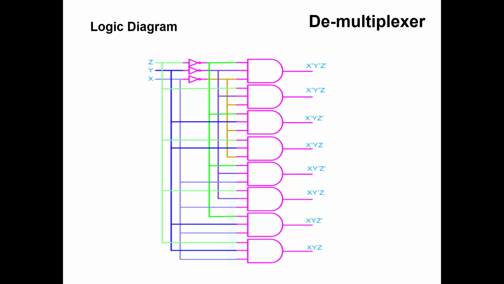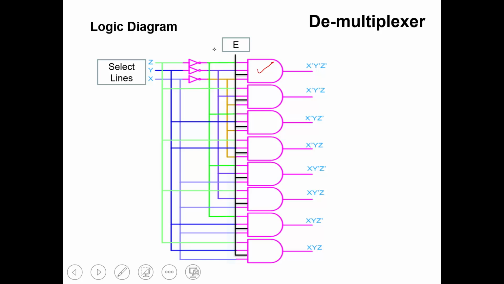This is the logic diagram of a decoder. Here the input lines of the decoder are made the select lines, and we have added one more signal, the enable signal, which is connected to each and every AND gate. Now when X is 0, Y is 0 and Z is 0, only this AND gate is active and the signal available on the enable input will be at the output of this gate.